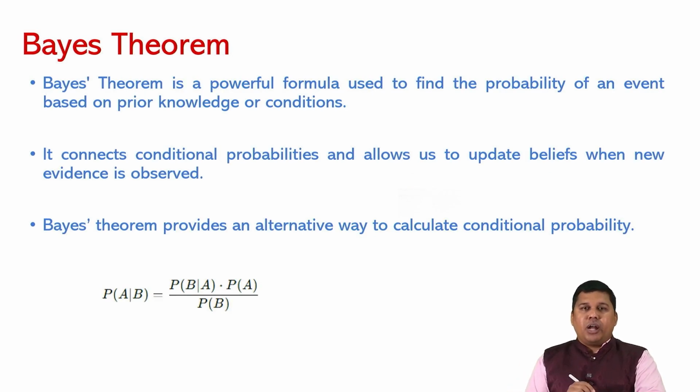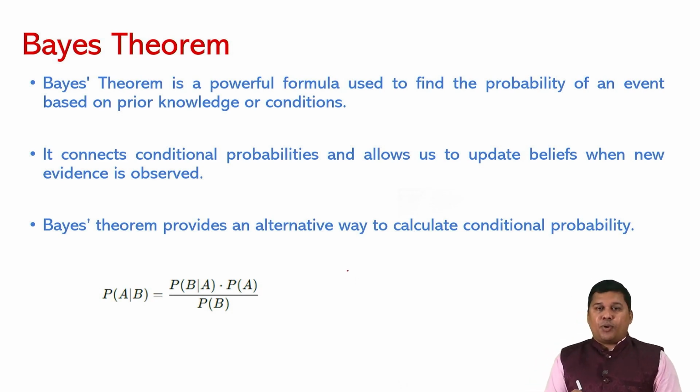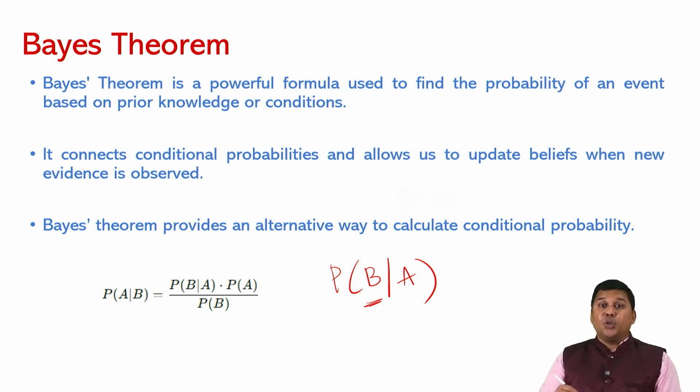So, what is this Bayes theorem? It is a powerful formula used to find the probability of an event based on prior knowledge or conditions. Why prior knowledge? When I write P of B given A, what does it mean? It is the probability of event B to happen given that you already know, as prior knowledge, that A has already occurred.